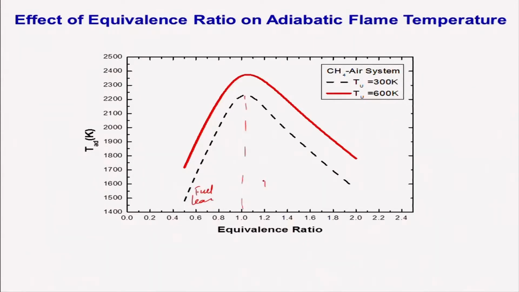This is the fuel rich side, equivalence ratio greater than 1. And as you increase the inlet temperature to 600 Kelvin, the temperature also increases, having similar features.